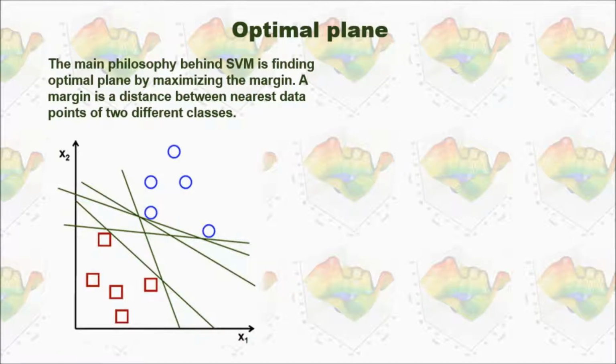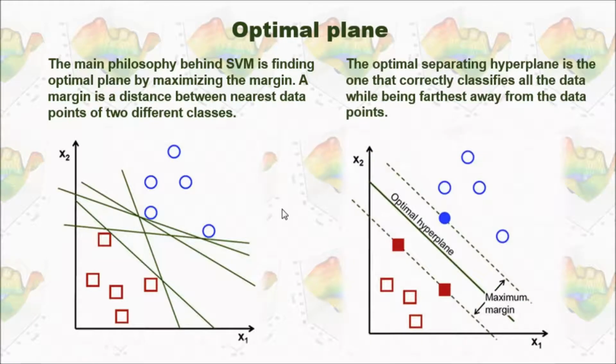So the main idea is to find an optimal plane between all those data. So this optimal separating hyperplane is the one that correctly classifies all the data while being farthest away from the data points.